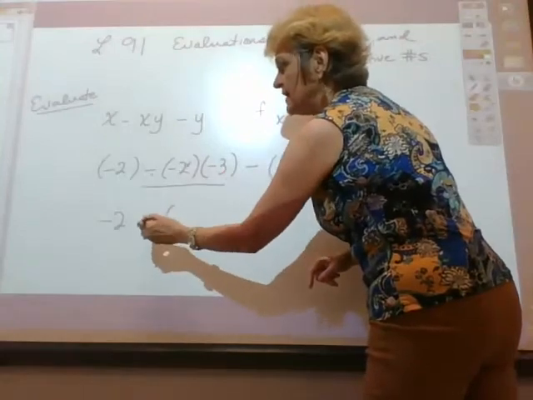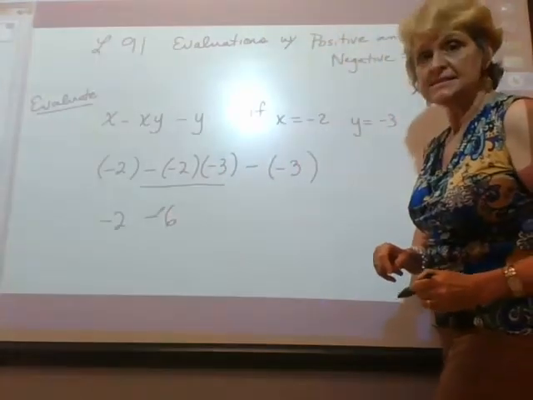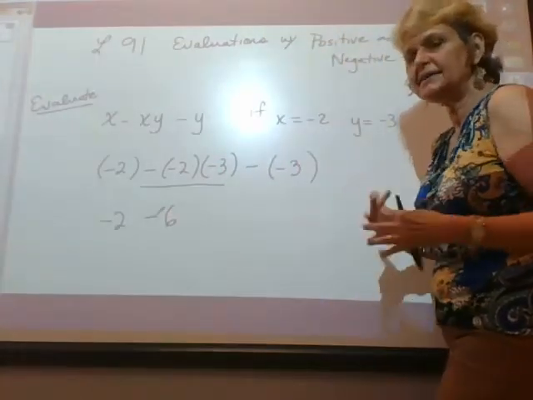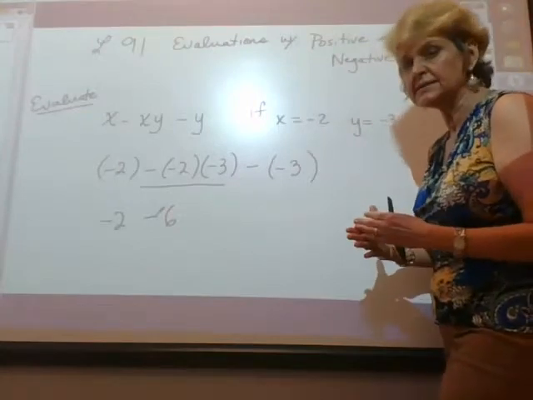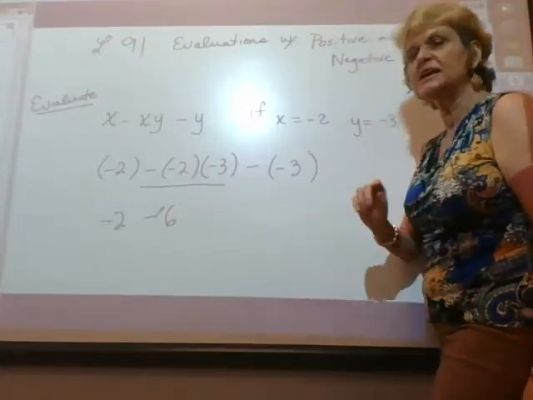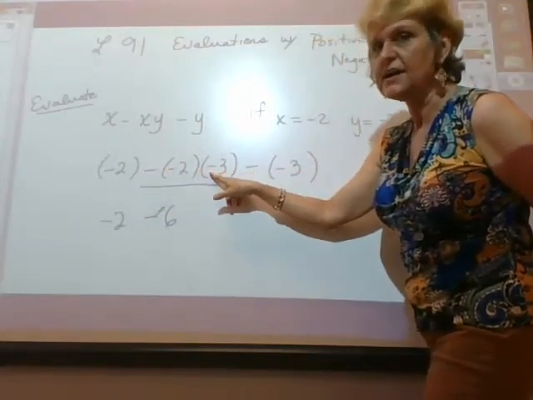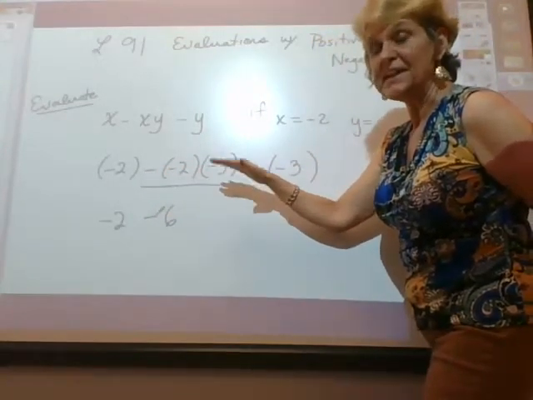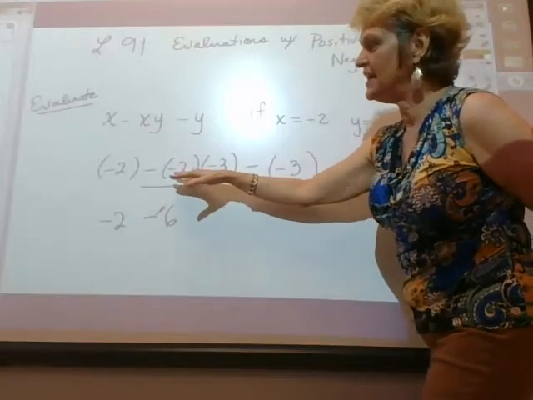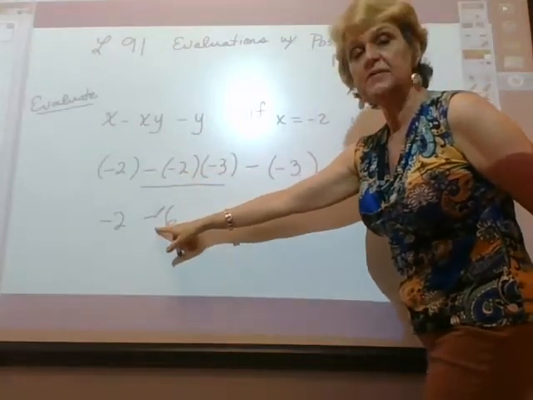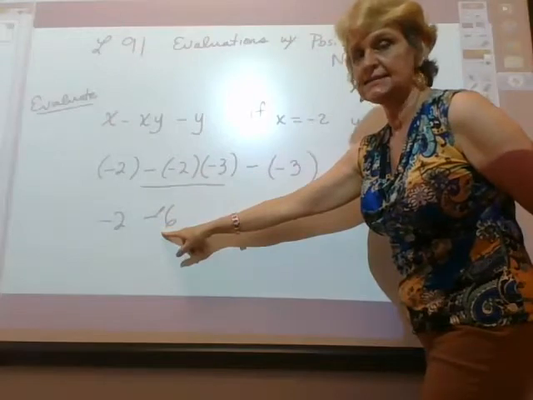And 3 negatives means that's going to be a -6. Okay, so don't worry about adding and subtracting yet. Just get your products done and simplify your signs if you can. So these 3 signs, negative, that's an odd number of negatives. So this product would be -6.